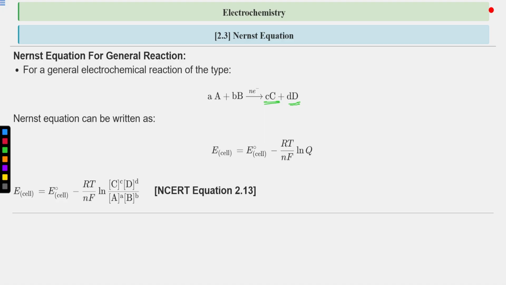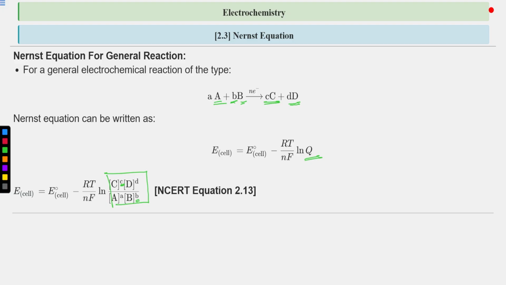So the C coefficient is small c, and the D coefficient is small d, divided by the reactants. The reactants are A and B, with their coefficients as their powers. So the A coefficient is small a, so its power is small a, and the B coefficient is small b, so its power is small b. This is the representation of the reaction quotient, which we write here as Q.